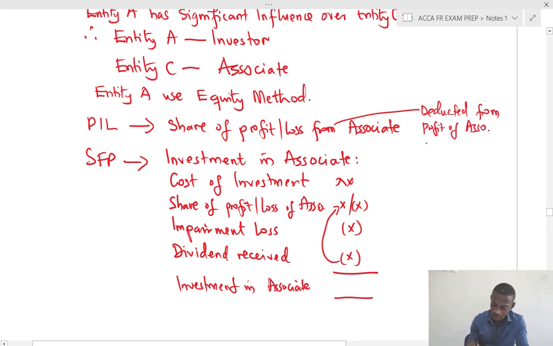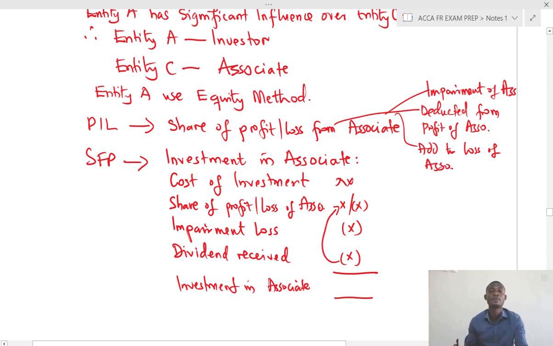If it's a loss, you add. So here I'm looking at impairment of associate. So you add to loss of associate in this order. Good.